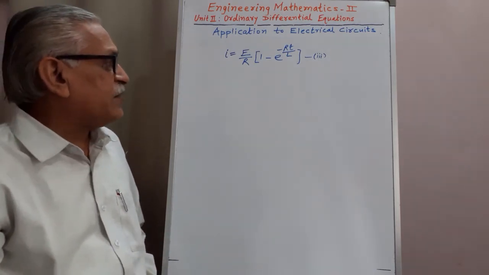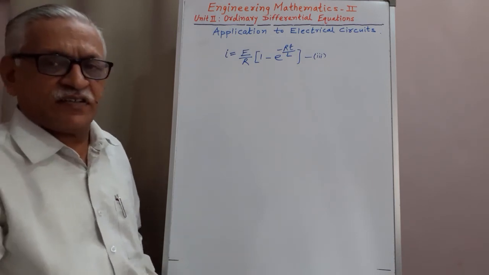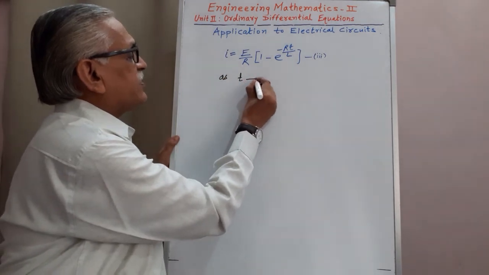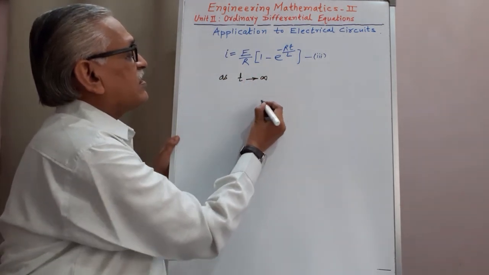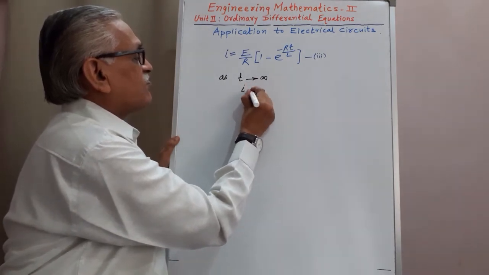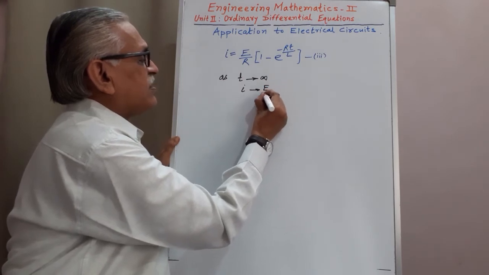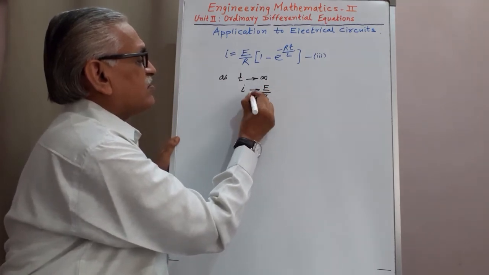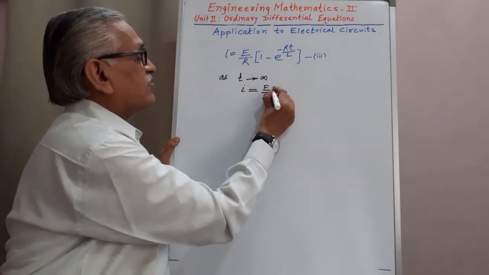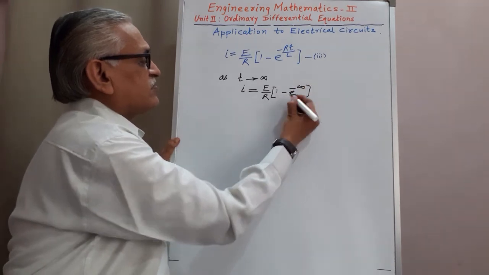As it is a function of time t, we see what will happen if t increases. As t tends to infinity, I tends to E by R into 1 minus e raised to minus infinity.